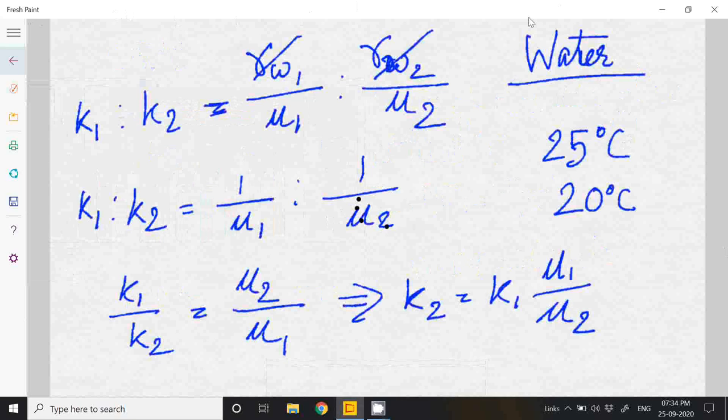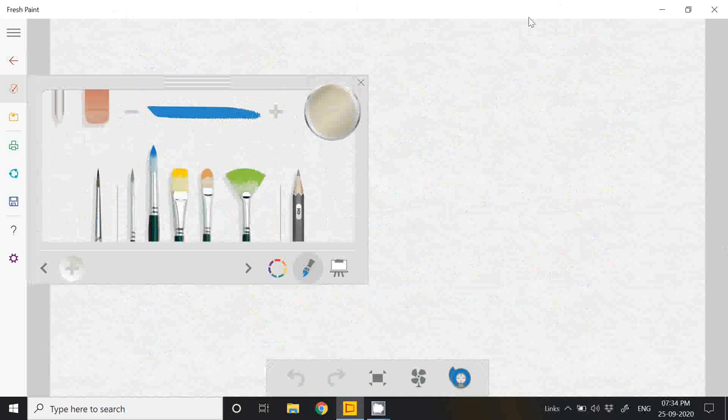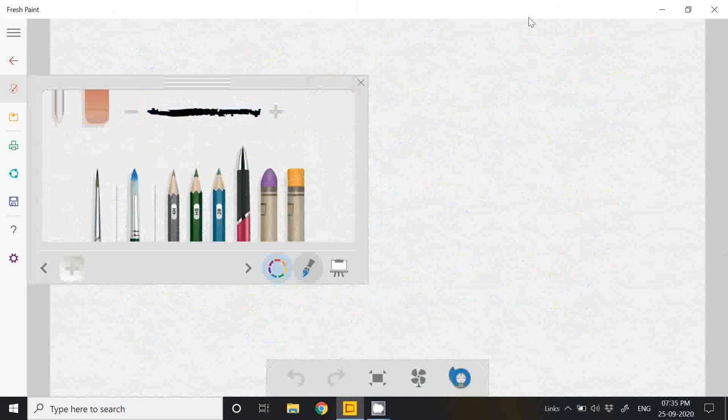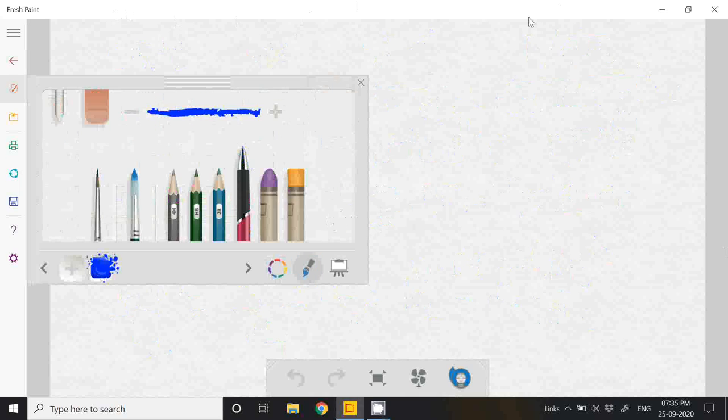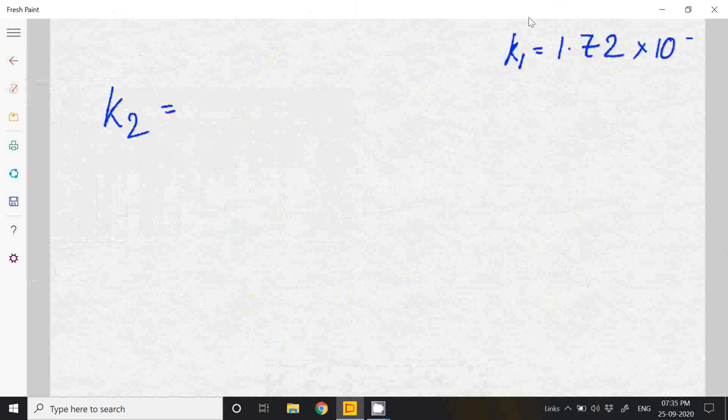Now let us complete the remaining steps. So K2 is equal to K1. Initially the K1 is not given here, so let us take the value of K1. The data of K1 given is 1.72 into 10 to the power minus 1.